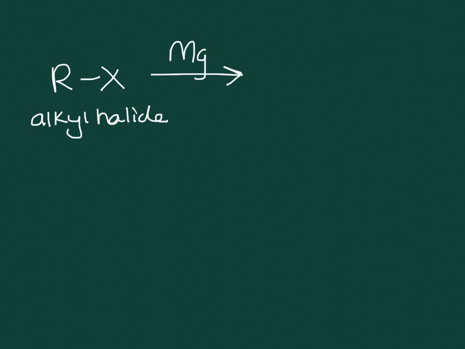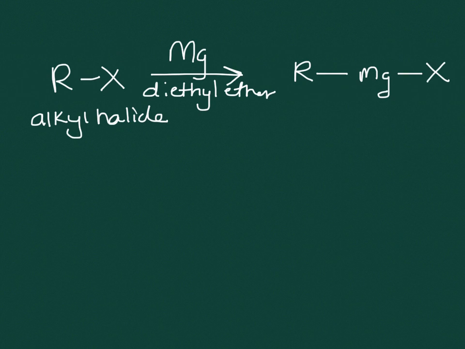So in order to make a Grignard reagent, we have an alkyl halide. We're going to add magnesium metal in diethyl ether. And we will get our Grignard reagent, where the magnesium inserts itself between the R group and the halogen, and the lone pairs on the oxygens of the ether will coordinate to the metal, which has partial positive charge.